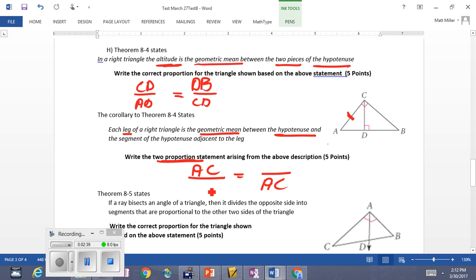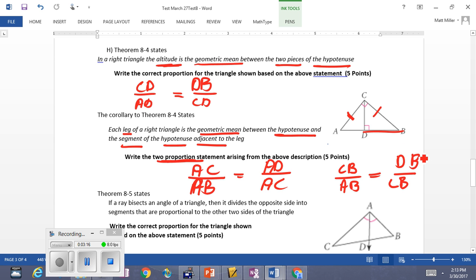Between the hypotenuse, so the hypotenuse is AB, and the segment of the hypotenuse adjacent to the leg, which would be, in this case, AD. And the other proportion is pertaining to the other leg, which is CB. The other leg is a geometric mean, meaning appearing in the proportion once upstairs, once downstairs, between the hypotenuse, AB, and the segment of the hypotenuse adjacent to that leg, next to, which is DB.